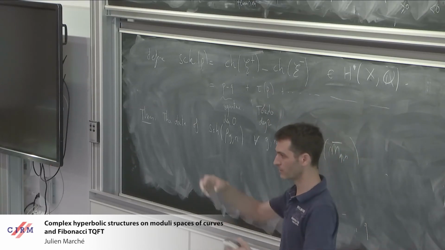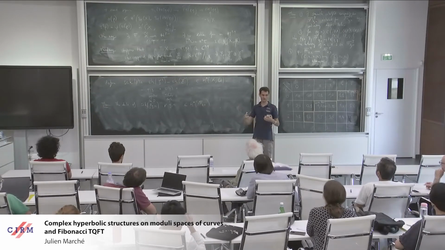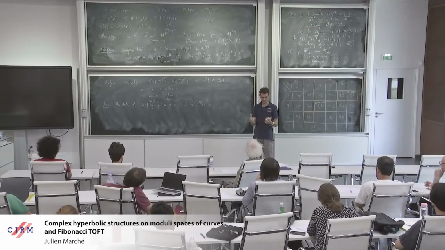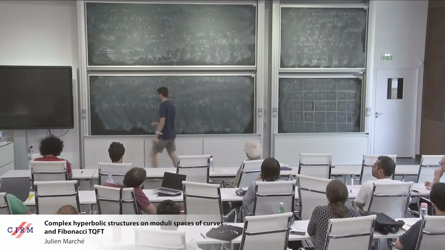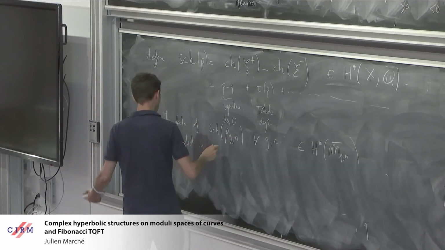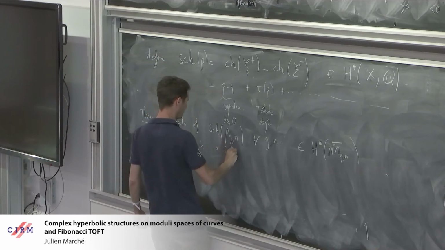When you go from M_{g,n} to other values of g and n, they are not independent at all. So there are a lot of relations, which finally gives you that to compute all of them, it's sufficient to have a finite amount of information. And this is encoded in some very interesting structure, which is called a Cohomological Field Theory.